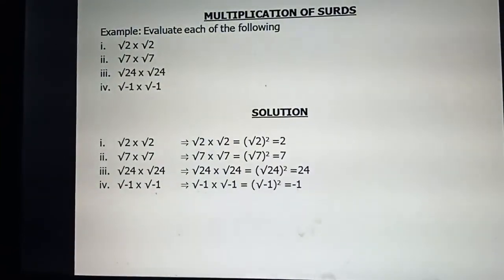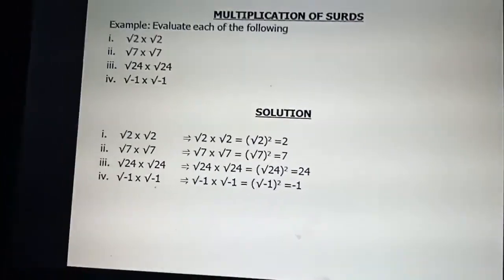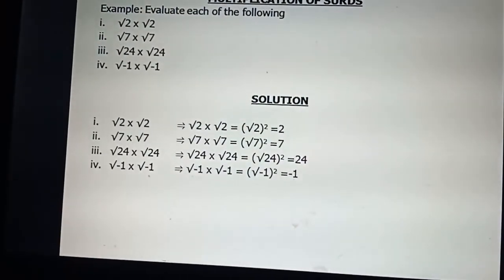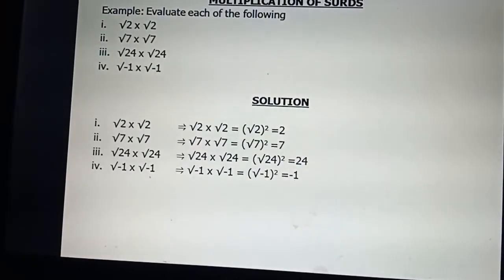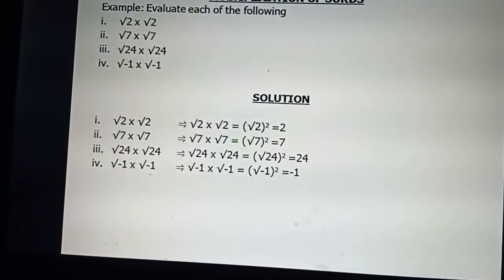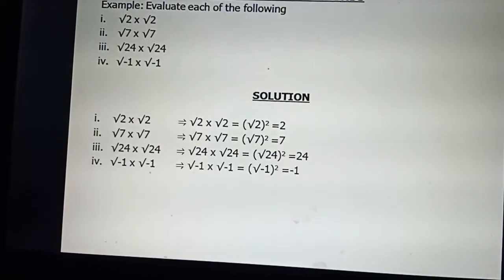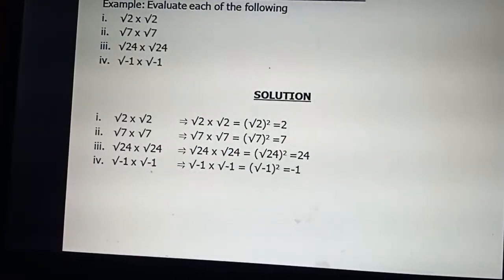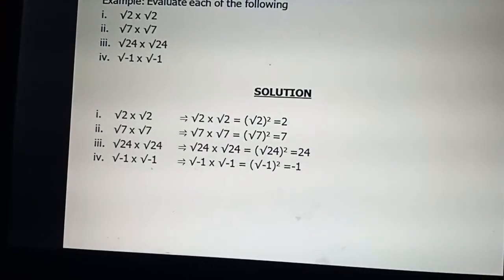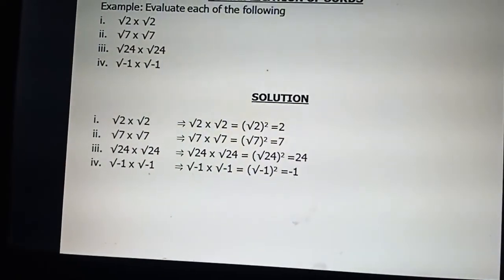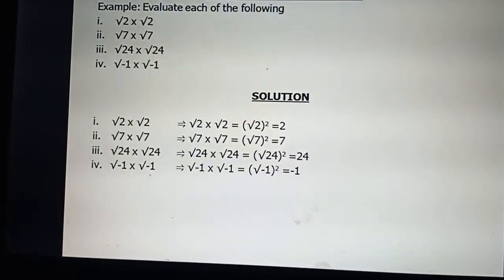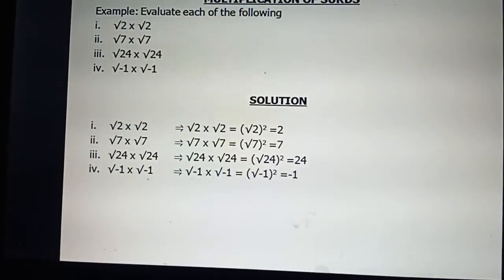Likewise Roman 2, root 7 times root 7 gives you root 7 squared. Square root cancels the square. It will give you what? 7. The same thing as Roman 3 and Roman 4. Root minus 1 times root minus 1 will give you root of minus 1 squared. The square root cancels the square, it will give you minus 1. Is that clear? This one is very, very simple.